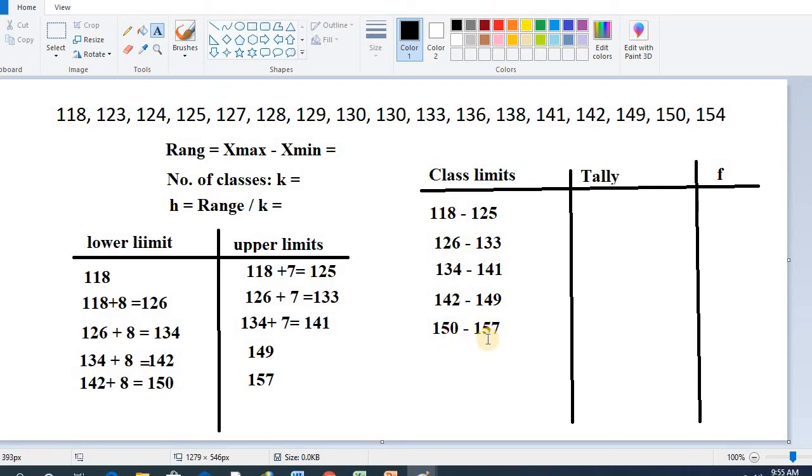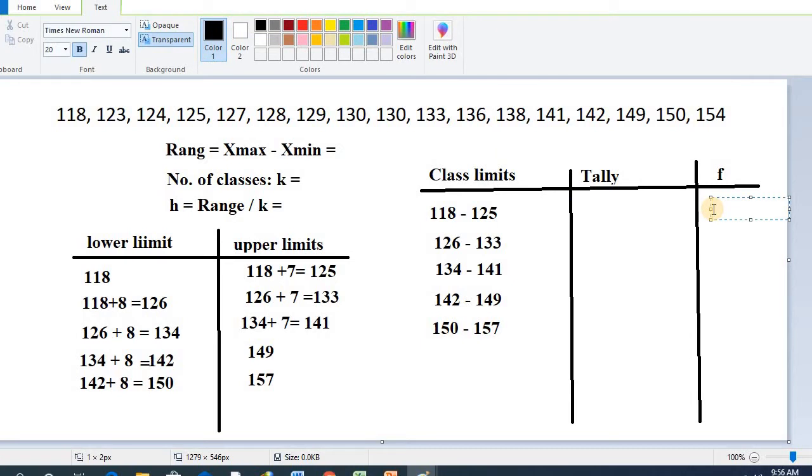Now we can write how many observations fall in these classes. It starts from 118 to 125, values falling in this class: 1, 2, 3, 4. These 4 values fall in this class. So we can write the frequency of this class is 4.